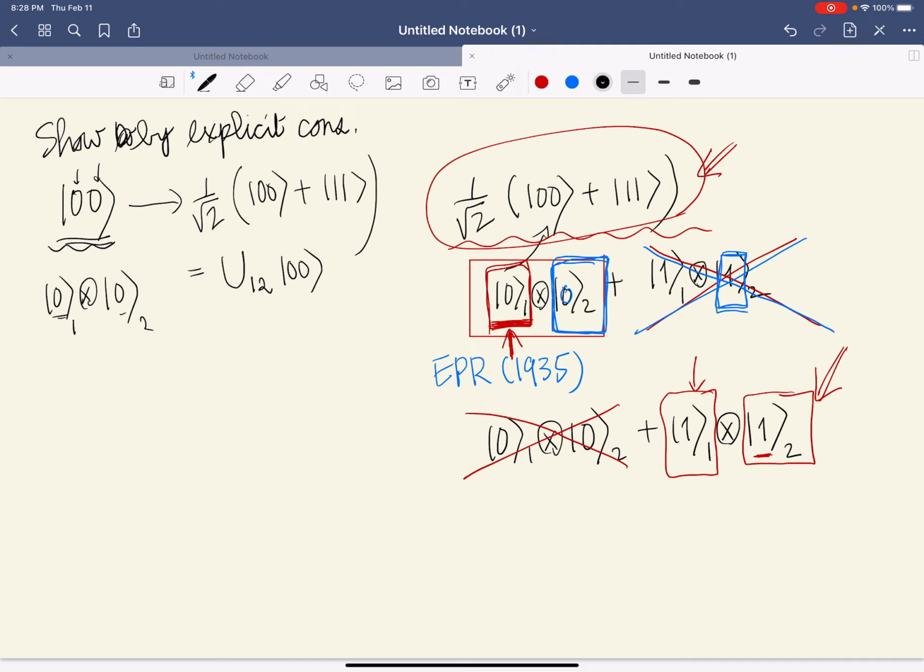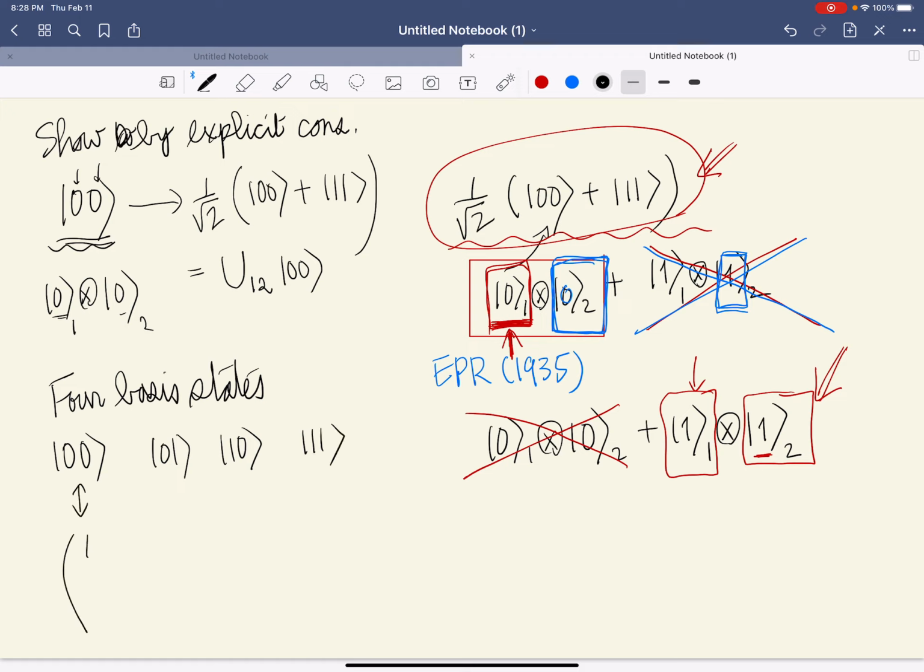Now, because there are 4 basis states, these 4 basis states are 0, 0, 0, 1, 1, 0, and 1, 1. And I'm going to represent this 0, 0 state as a 4-dimensional column vector like this.